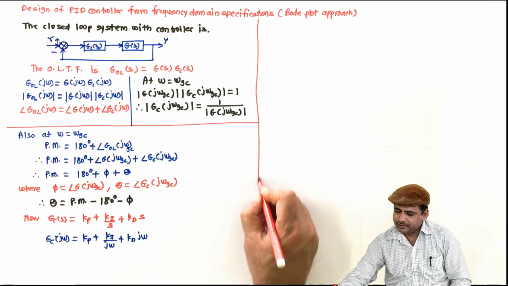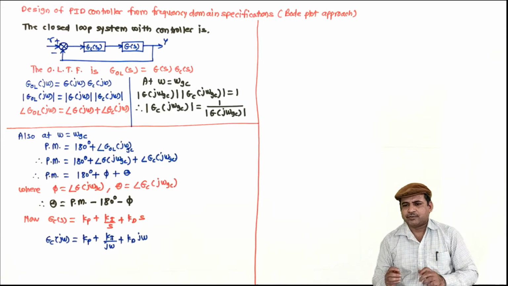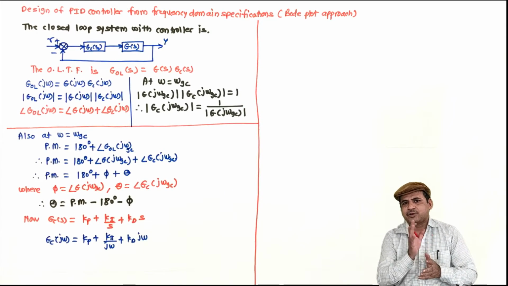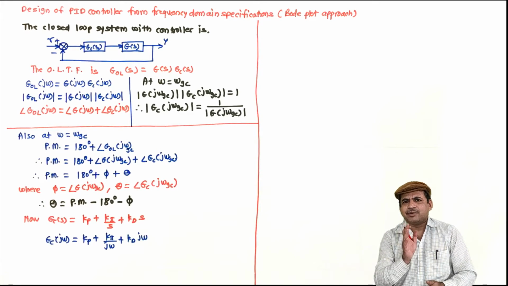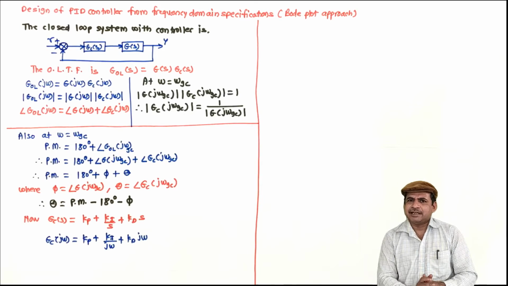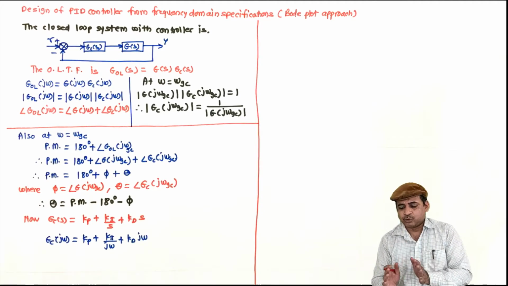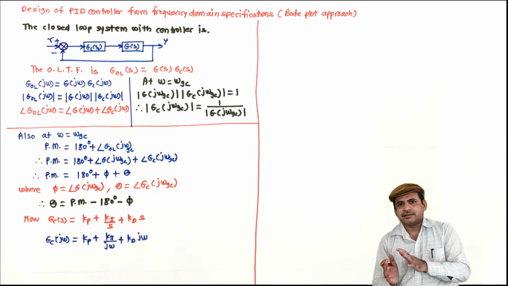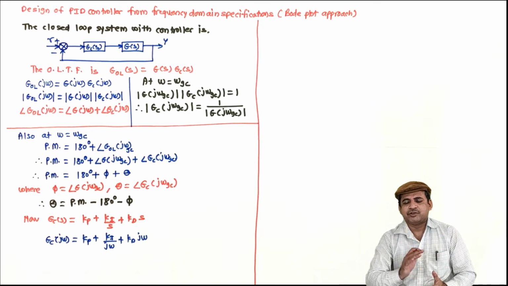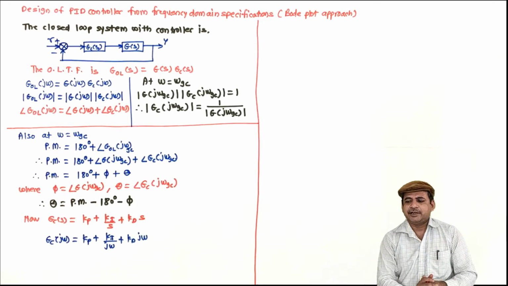Like in the time domain also, it was enough to use the two equations, magnitude and phase equations, to find out Kp and Kd. But it is a time consuming process, and that is why, through the same procedure, there are certain derivations for the formulae which we will directly use.